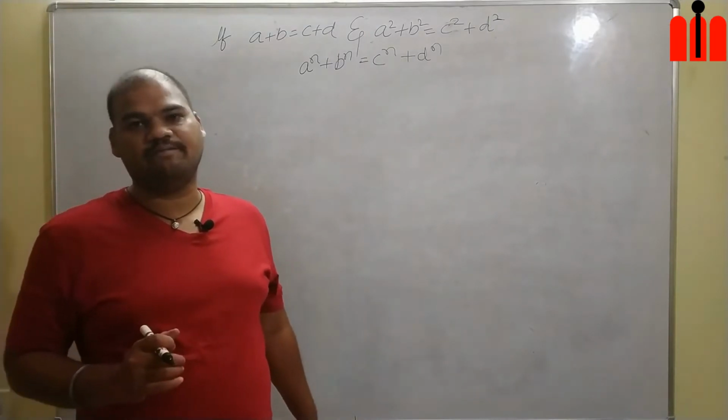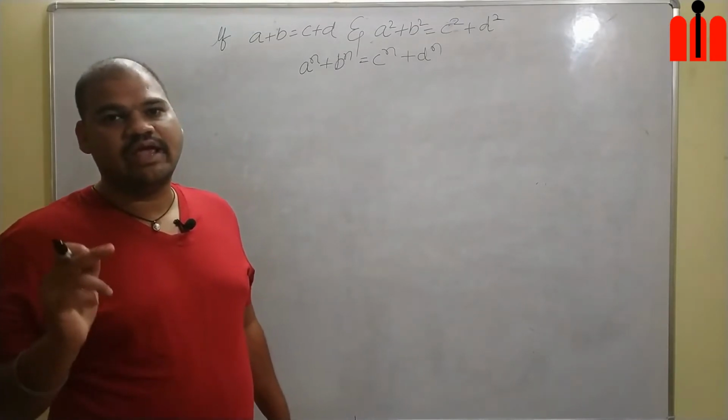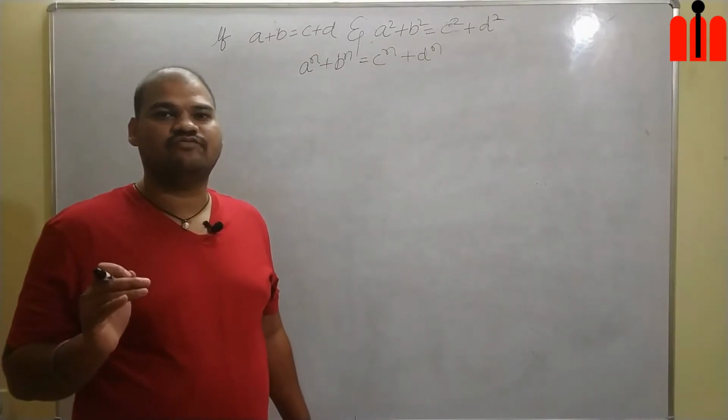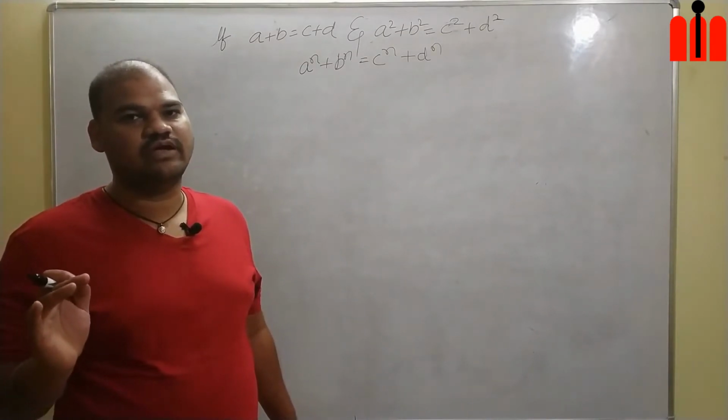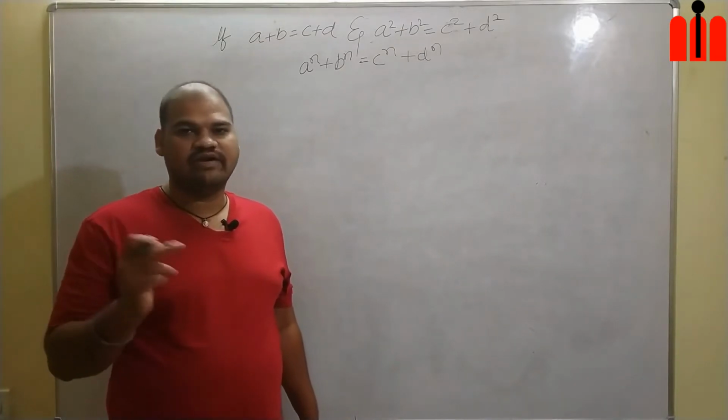This is the given data. If this given data is correct, then we have to show that aⁿ + bⁿ = cⁿ + dⁿ. In this sum, why is the given data important?